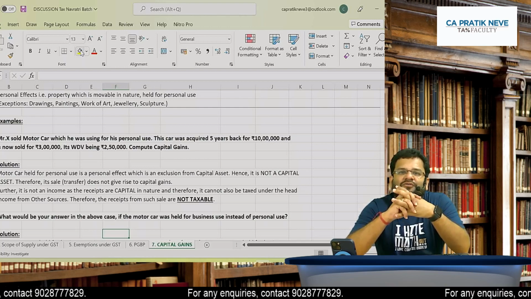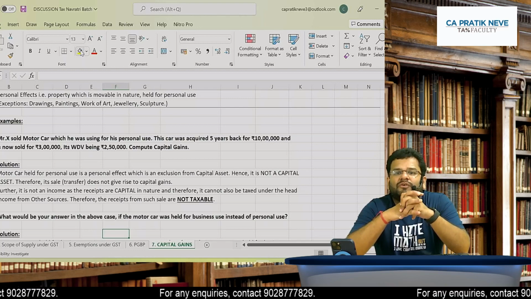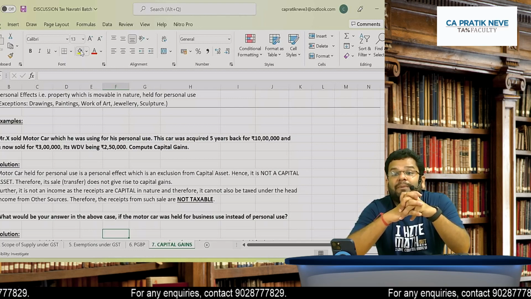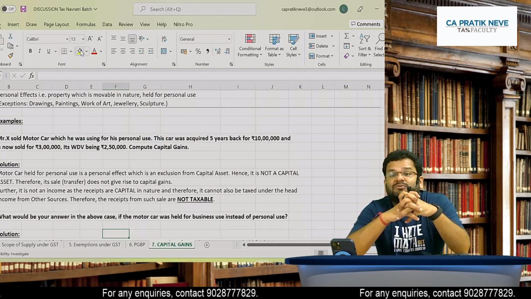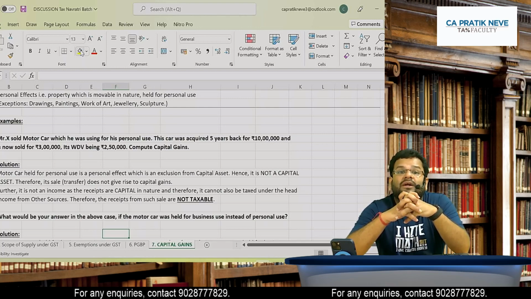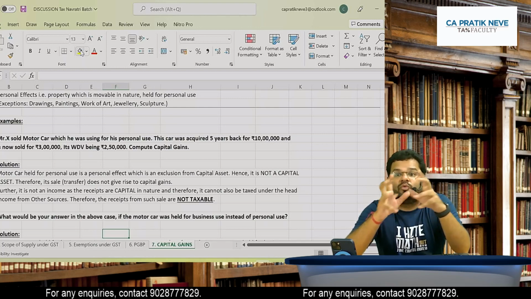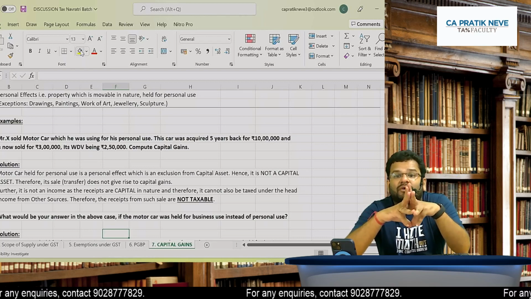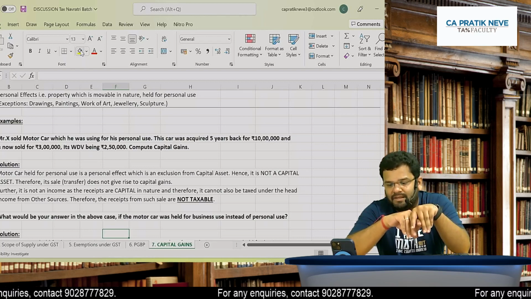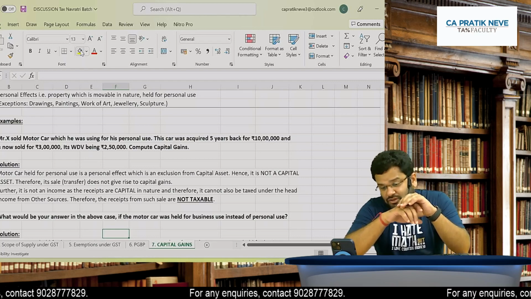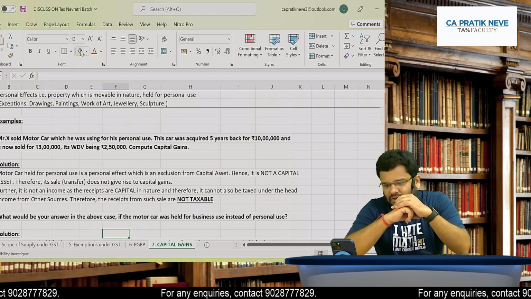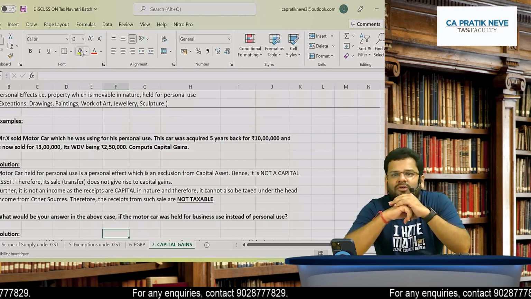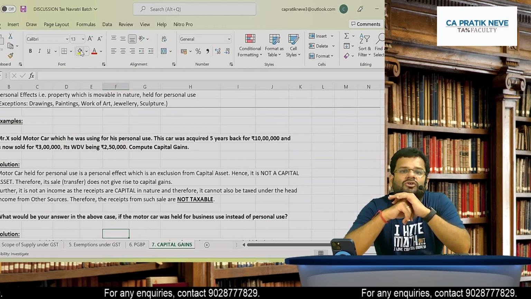What is cost of improvement? Cost of improvement means whatever capex, capital expense, is being done to renovate this asset or to add value to the asset, that is called your cost of improvement. Yes, expansion for the immovable property or renovation for immovable property, absolutely correct. That becomes your cost of improvement.